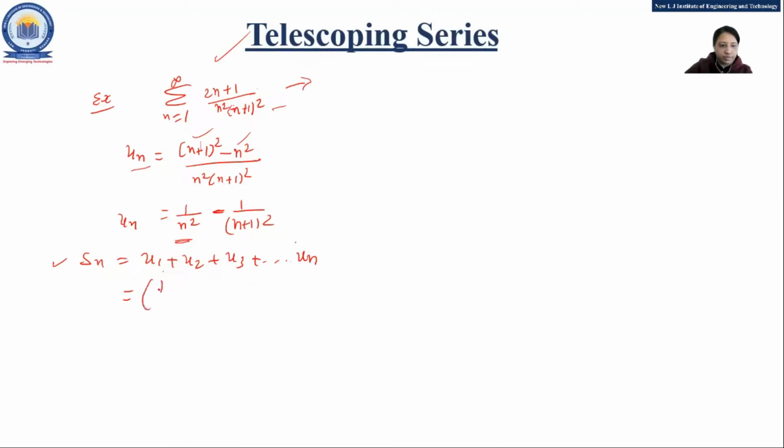So the first term will be 1 upon 1 square minus 1 upon 2 square for u1, plus the next term u2: 1 upon 2 square minus 1 upon 3 square, plus 1 upon 3 square minus 1 upon 4 square. In that way it goes on.